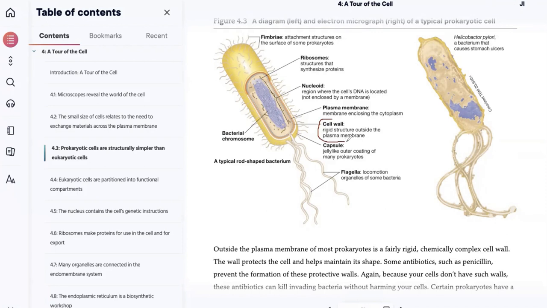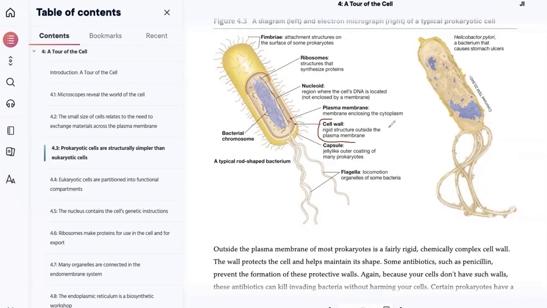The cell wall, right? Now the cell wall, if you can see where it's pointing to this orange layer right here, is outside of the plasma membrane, the cell membrane, okay? The plasma membrane is the actual phospholipid bilayer that we've been talking about so far. The cell wall is something that's outside of the cell.